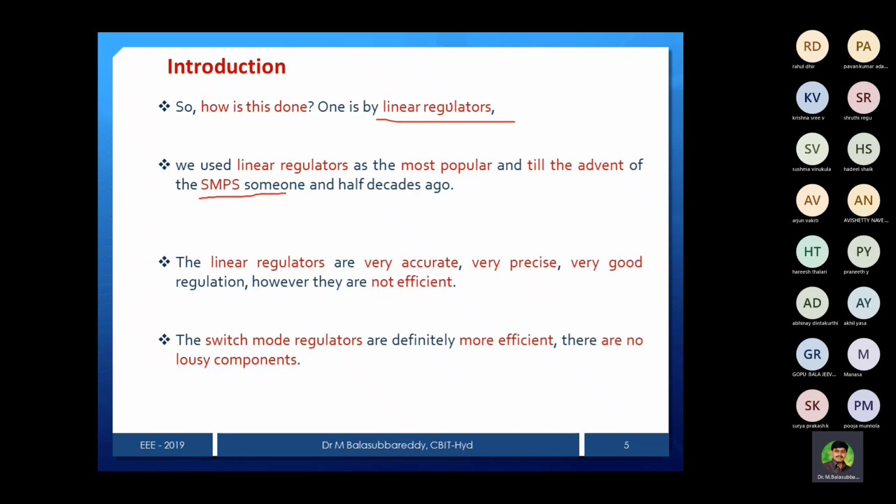Before that, we were using linear regulators. They are very accurate and precise with very good regulation, but the drawback is that they are not efficient. Why? Because the linear regulator acts as a resistor, and that resistor means power dissipation is taking place. That's why the efficiency of the linear regulator is poor. Other than that, it is very effectively controlled, and they are still used.